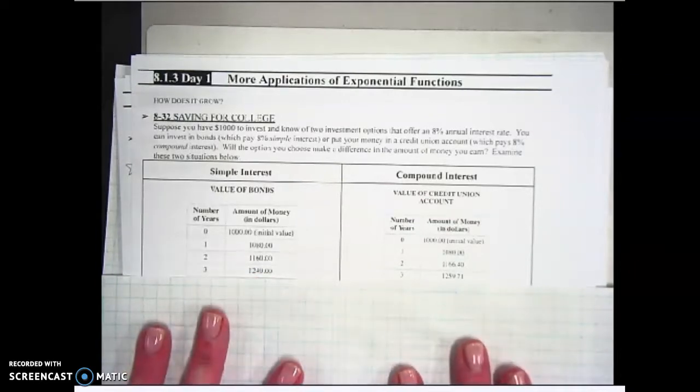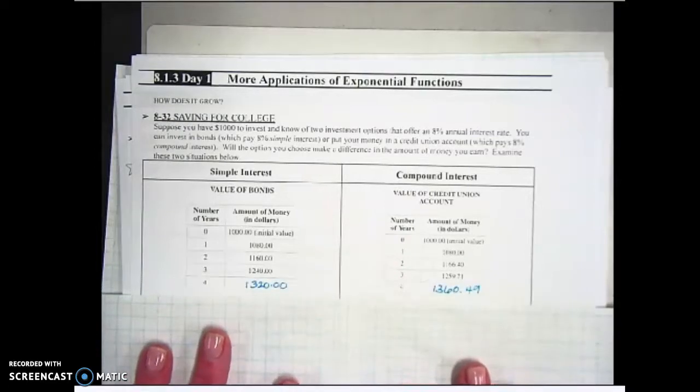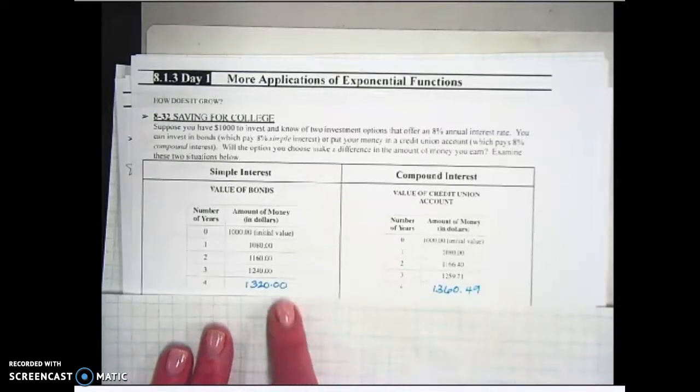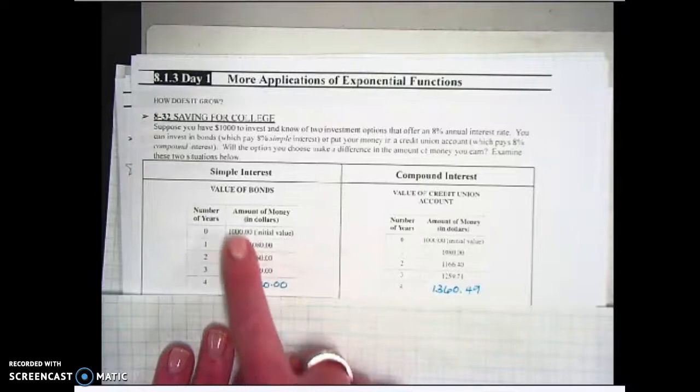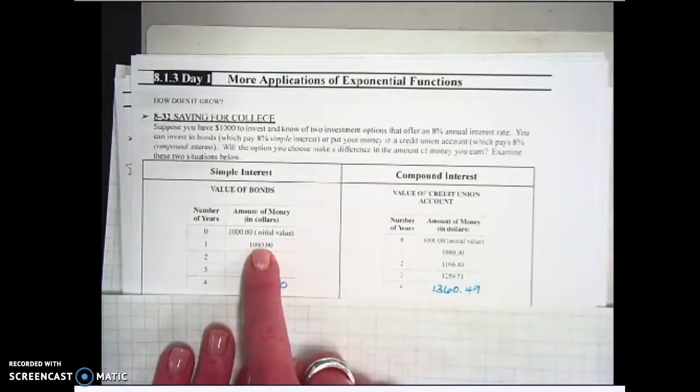Okay, so we need to figure out what's going to happen for year 4. So each year from 1,000 to 1,080, what was added? How much money? $80. And then from 1,080 to 1,160, how much was added? 80 again.